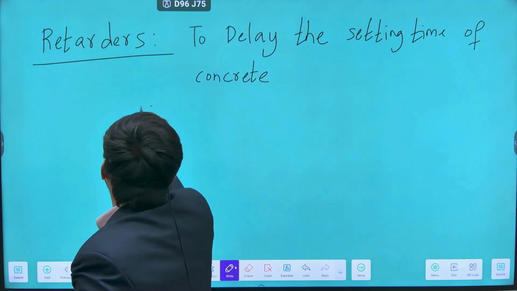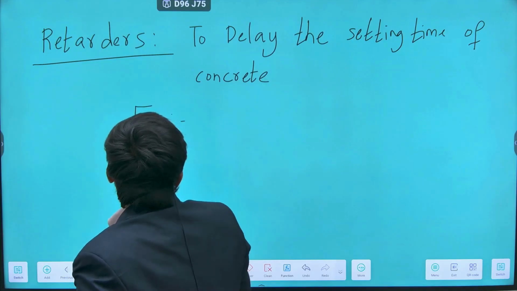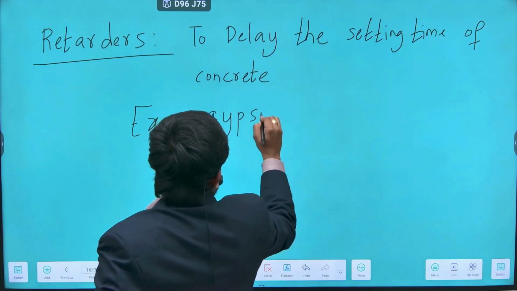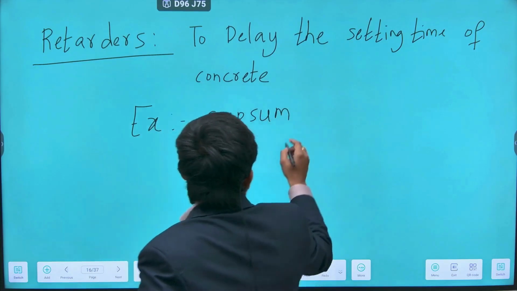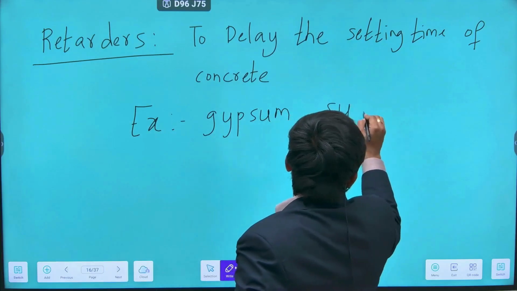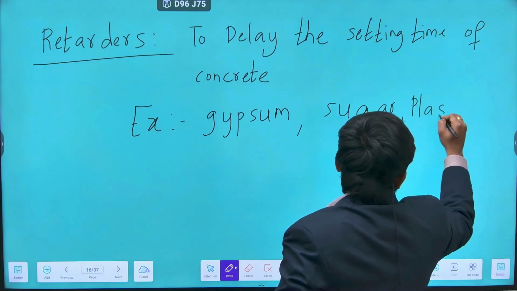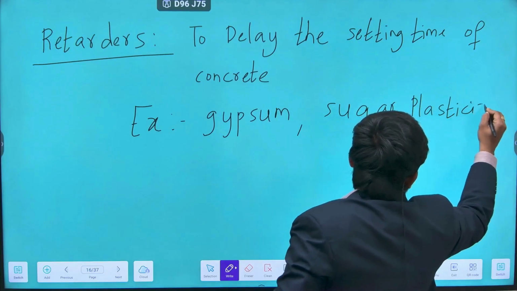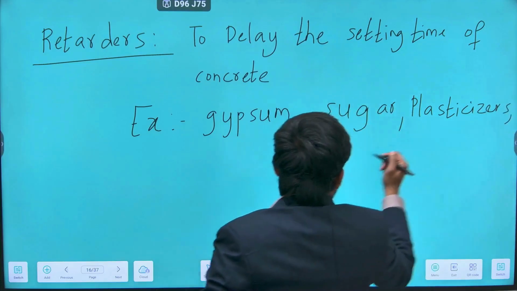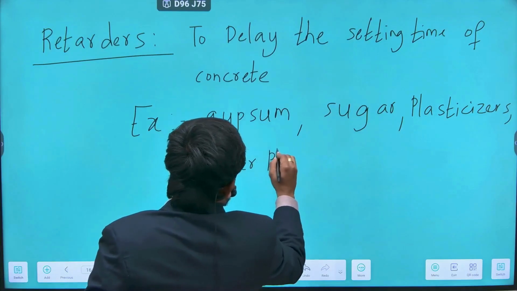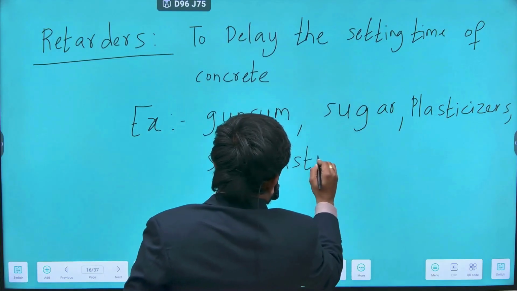So what retarders are available in the market? Gypsum, sugar, plasticizers, super plasticizers.